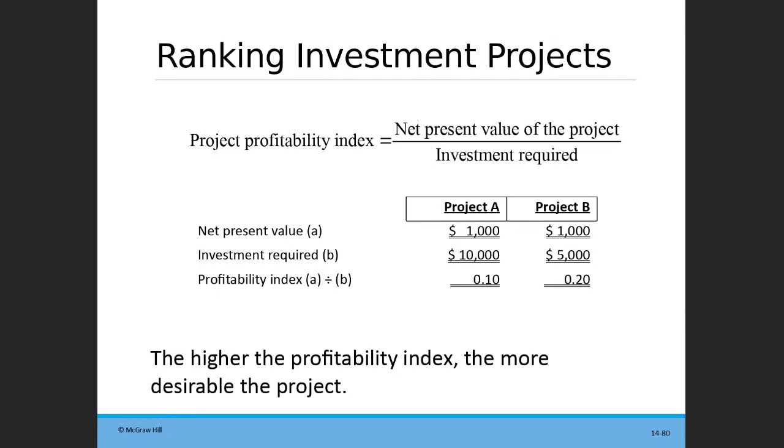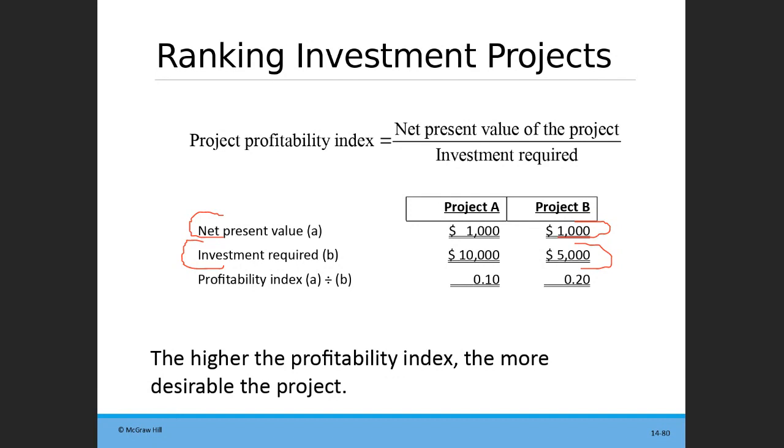When you have two projects with the same net present value but different investments, you come up with this little profitability index. Take your NPV, divide it by the investment, and it'll give you the profitability index.